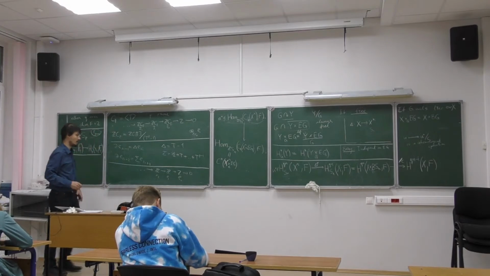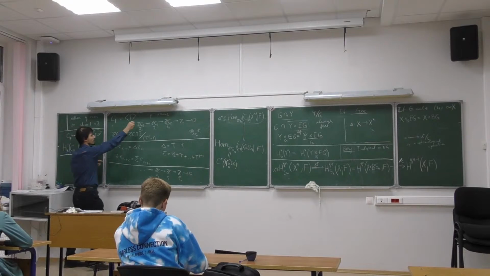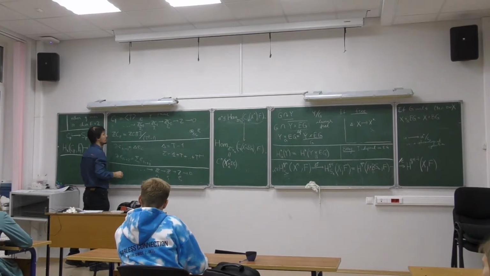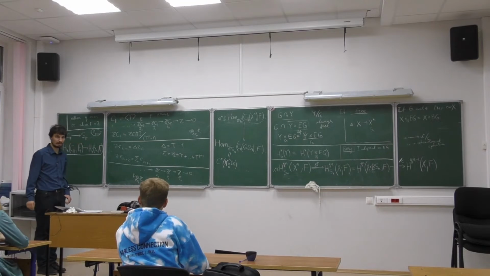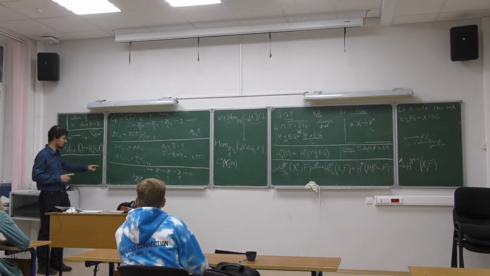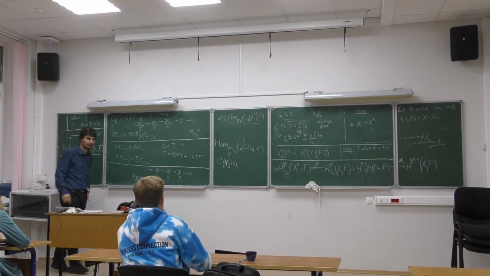Let this resolution be P star, yes. And this is P tensor by Z. Oh, no, I don't want to have tensor by Z. I would like to work with coefficients in FP, the field of P elements.